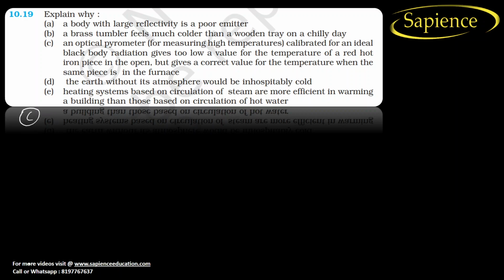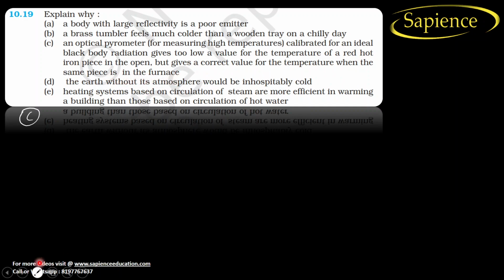Now question number C. An optical pyrometer for measuring high temperature, calibrated for ideal black body radiation, gives a too low value for the temperature of a red hot iron piece in the open, but gives the correct value for the temperature when the same piece is in a furnace.